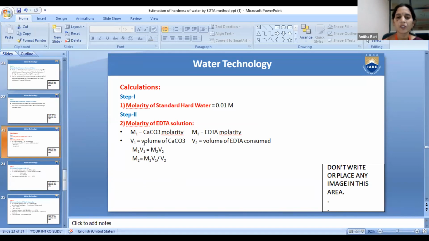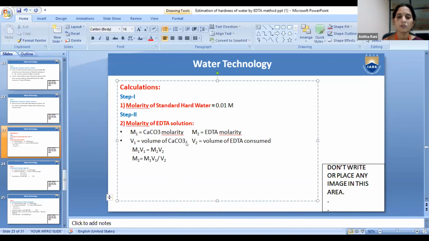What is V1? Volume of calcium carbonate, we have taken 20 ml in conical flask. M1 is 0.01, molarity of calcium carbonate.